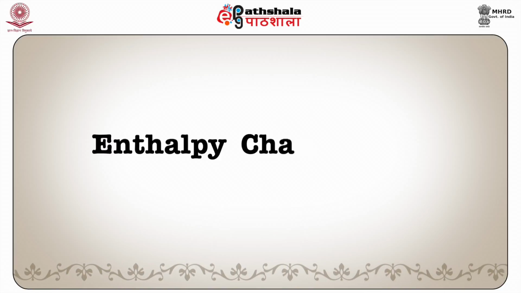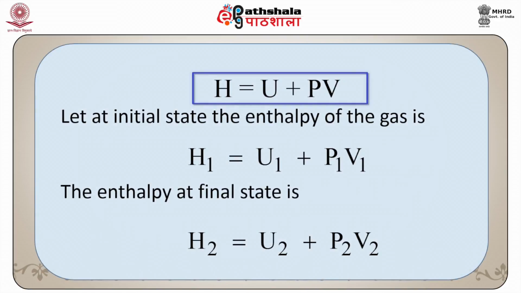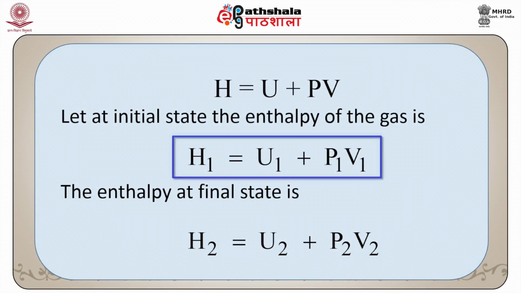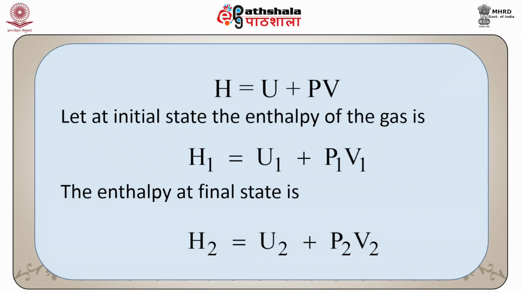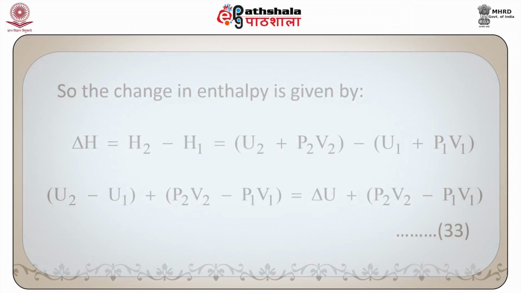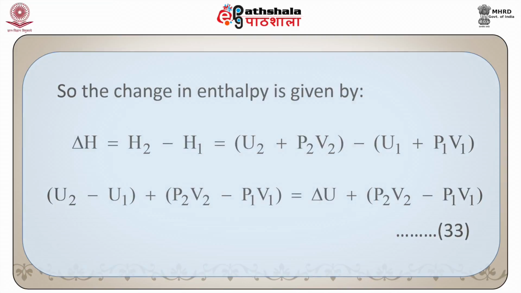The enthalpy change delta H is given by H = U + PV. Let at the initial state the enthalpy of the gas be H1 = U1 + P1V1 and at the final state H2 = U2 + P2V2. So the change in enthalpy is delta H = H2 − H1 = U2 + P2V2 − (U1 + P1V1).